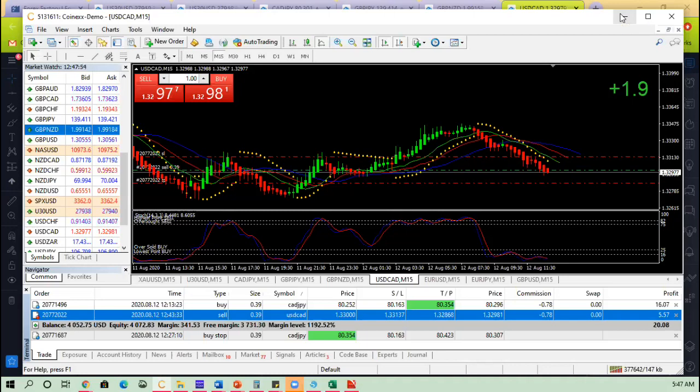Now, remember, guys, another thing is, because we ride the alligator, if you are going to sit there and monitor your trade, you can actually not set a take profit. You can just let it ride out, but you need to be paying attention.